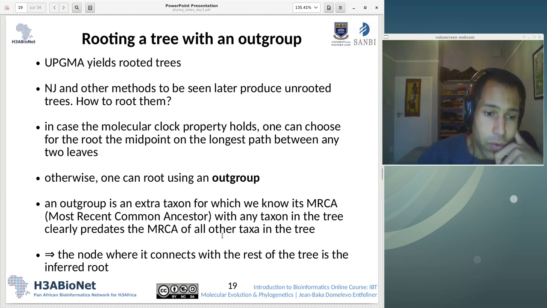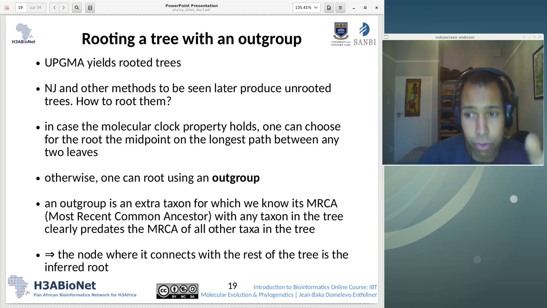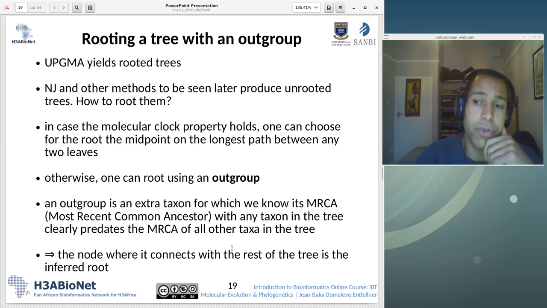And then, after you've built your phylogeny on the set of taxa of interest, use this extra taxon, aggregate it to your data, and build automatically your tree, including this new taxon. And the purpose of including this new taxon is just to know where it branches with the rest of the tree. And this point where it branches with the rest of the tree is the point you're going to choose as your inferred root.